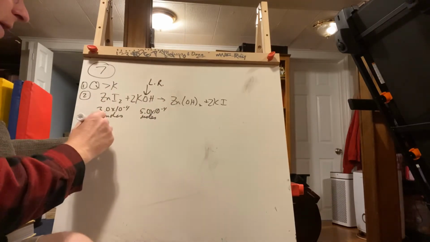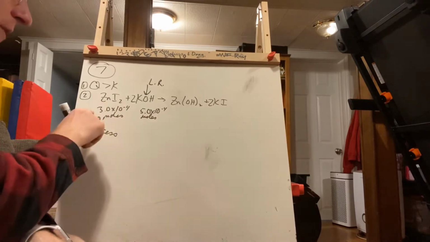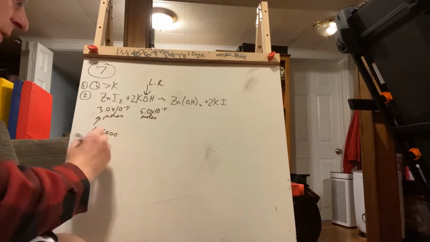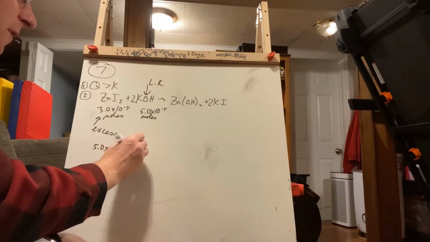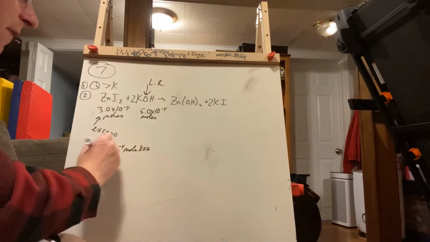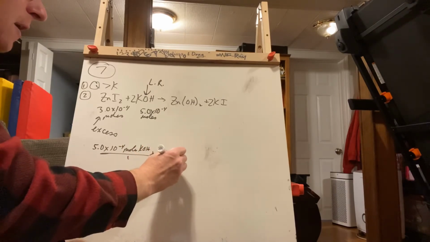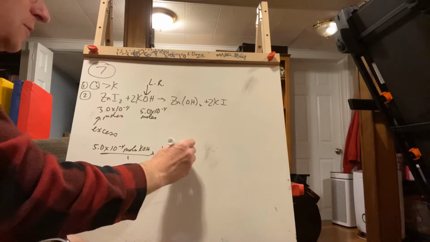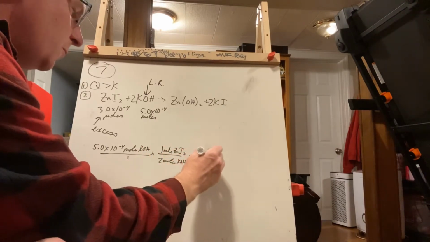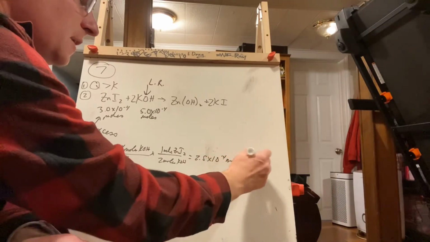This one's my excess. And now you're going to take your limiting reactant and convert to moles of this one. So you're going to go 5 times 10 to the negative 4th moles of KOH, and then convert from 2 moles KOH to 1 mole ZnI2, giving us 2.5 times 10 to the negative 4th moles ZnI2.